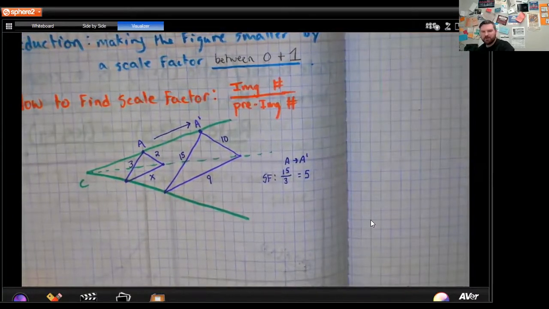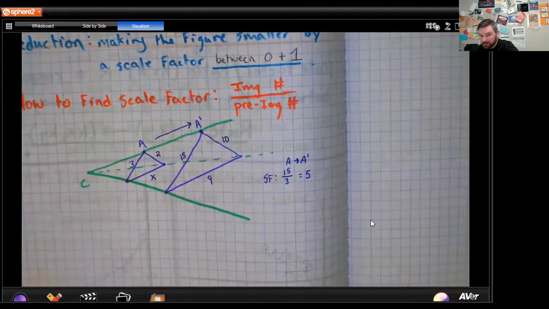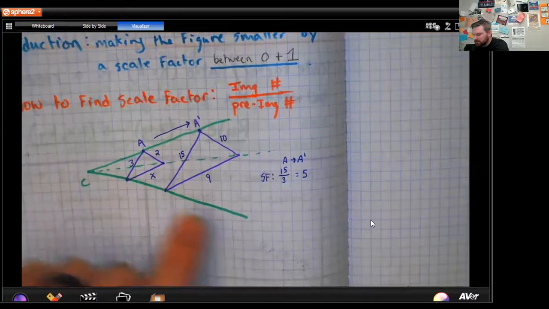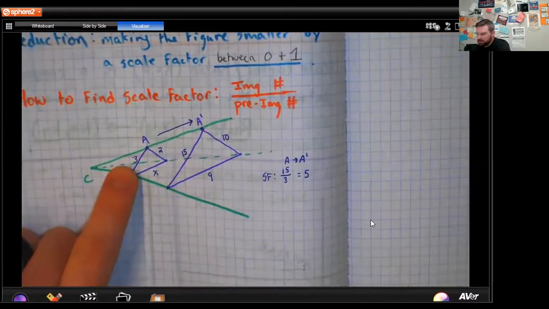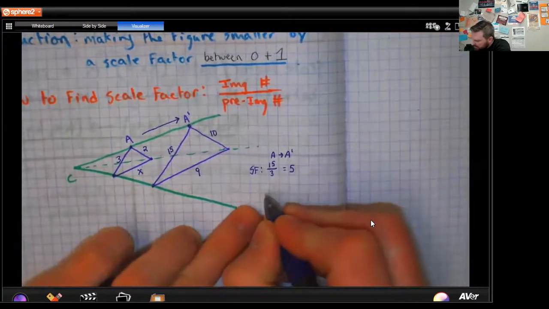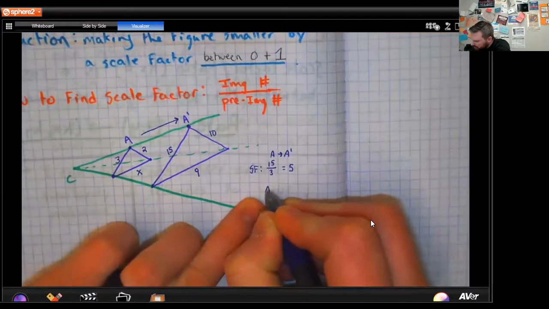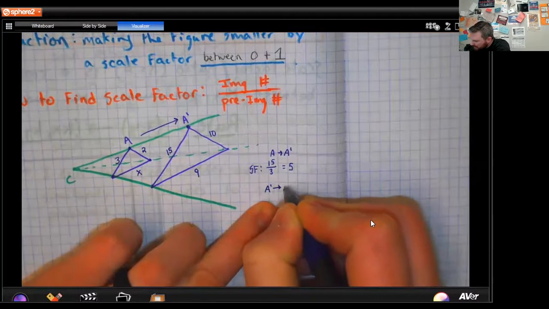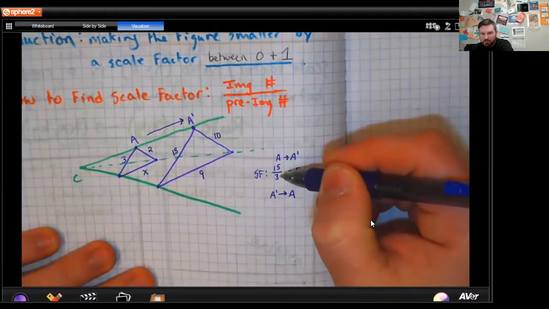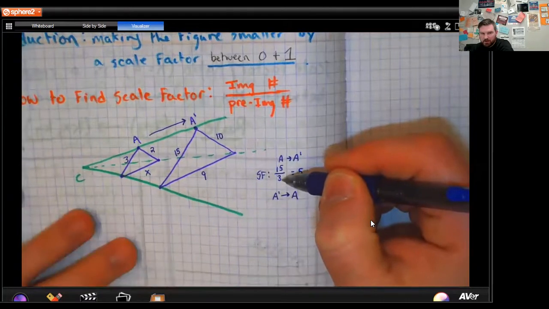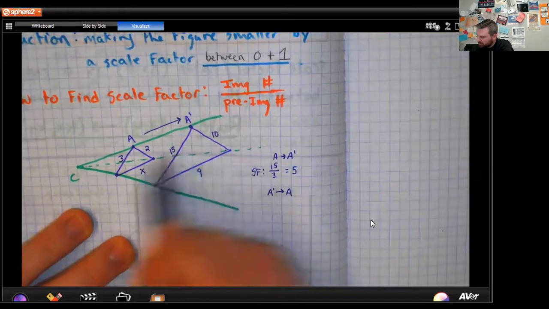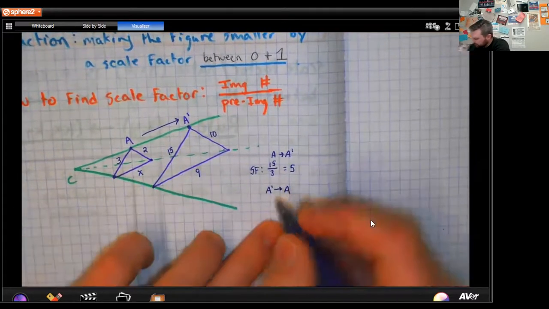Now, if I want to find x, which is right here, we're actually getting smaller, because I'm going the opposite way. So if I want to look at the scale factor of A prime to A, we have to do this in the opposite order.